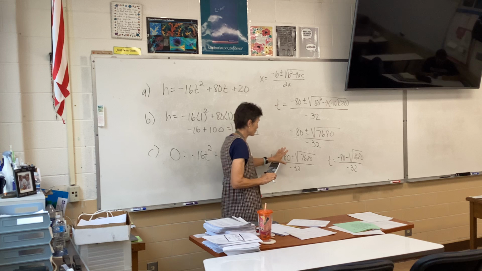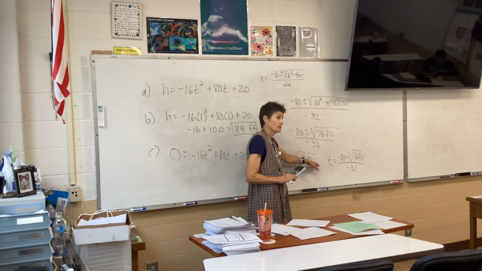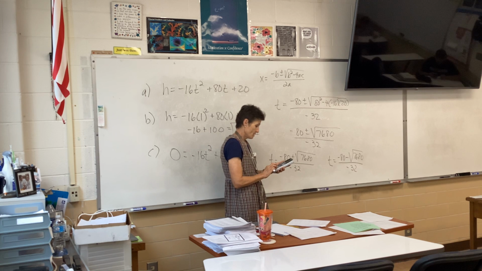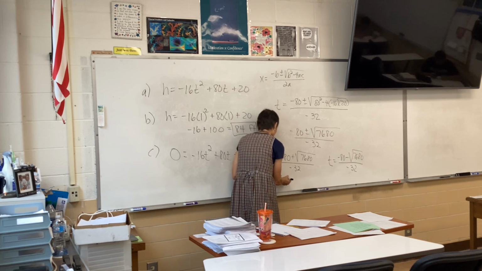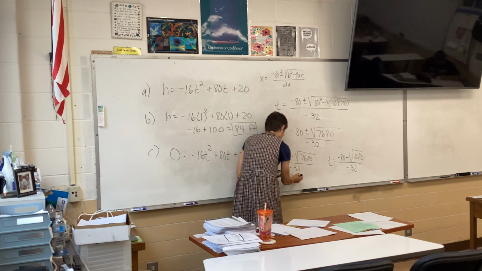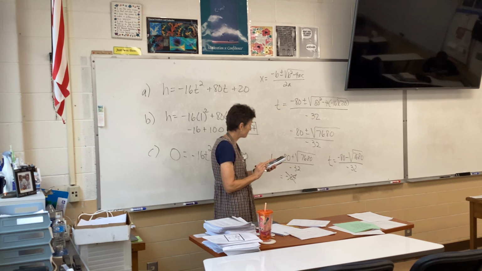Just remember as you're typing these in that after you type in your top, you have to hit equals and then divided by. So negative 80 plus the square root of 7680 equals divided by negative 32. Got another negative. I don't think that's right. Let's try the other one. Negative 80 minus the square root of 7680.